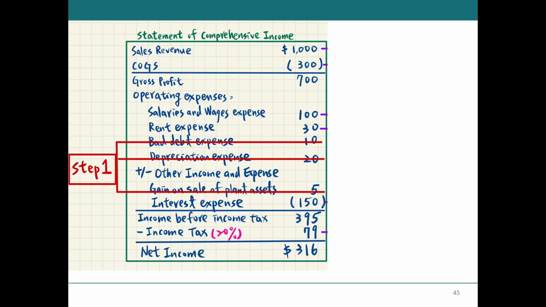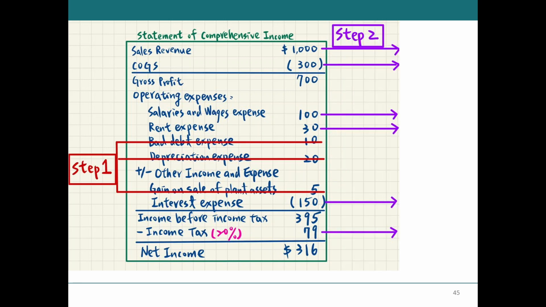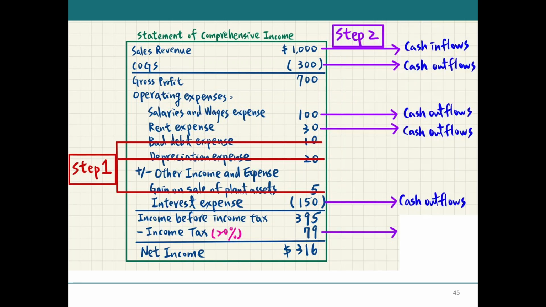So any non-cash item, you just skip it, delete it, ignore it. For the remaining items, each item, you figure out cash inflow, cash outflow. That's it, okay? So in the direct method, you skip any items not related to cash, right?